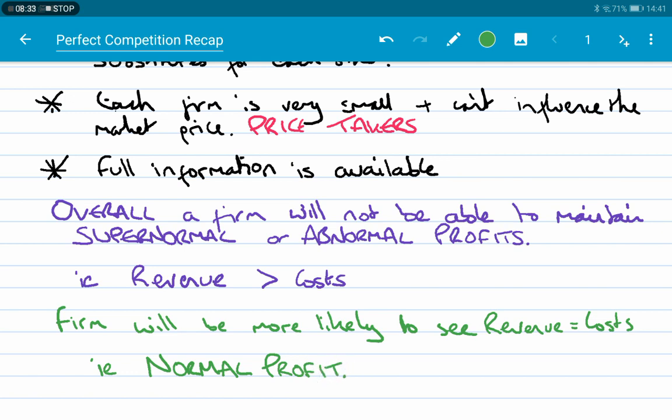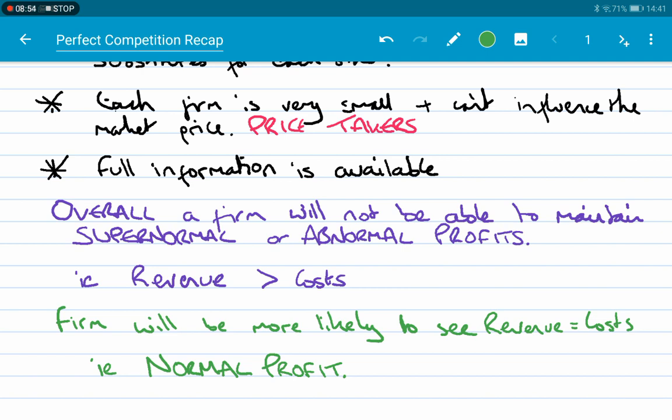Okay, so that's why it's really important that we don't use the term profit on its own now, because to economists it's not precise enough. If we're talking about a situation where the firm has got more money coming in than it has going out, we call that supernormal profits.